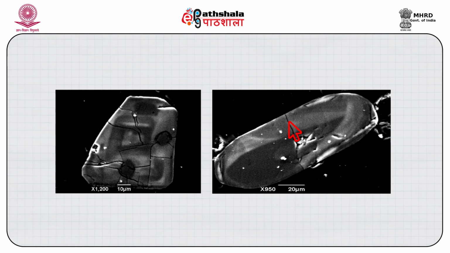The thin bright rims in both the grains represent the metamorphic growth, whereas the inner oscillatory zone images represent a magmatic event. So, cathodoluminescence, which is an inelastic scattering effect, allows us to distinguish events like this in zircon and many other minerals.